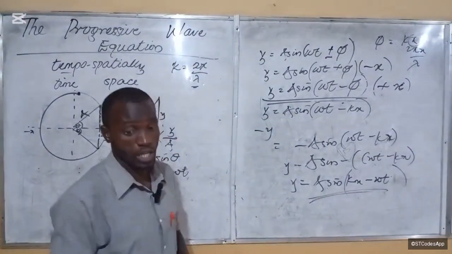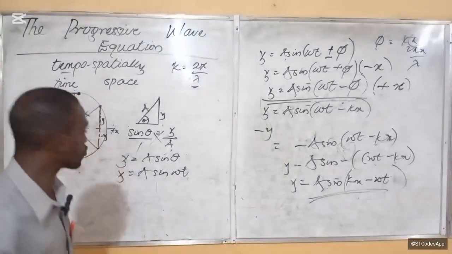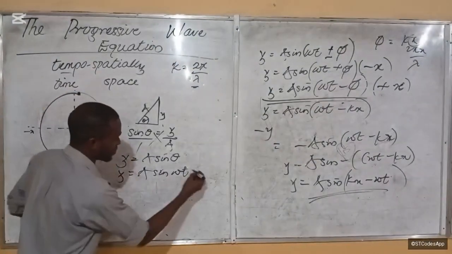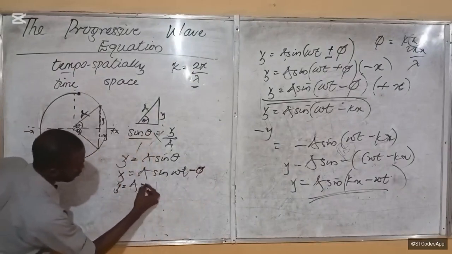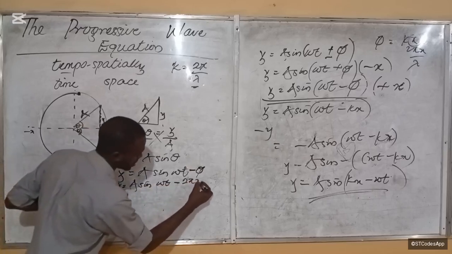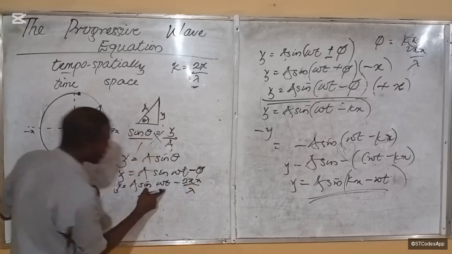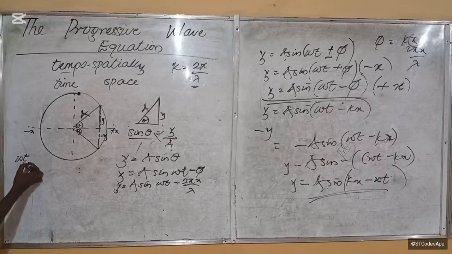Now let me quickly do a little bit of the proving I talked about. When we introduce the phase difference, we have minus phi, so that y can also be a sin(ωt − φ), with φ being 2πx over lambda. For those who might not understand, ωt is actually equal to theta.